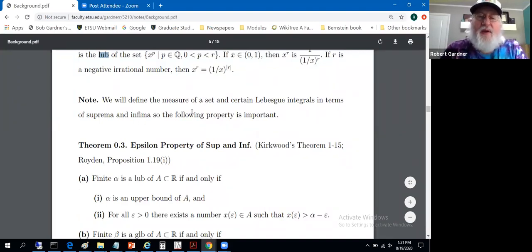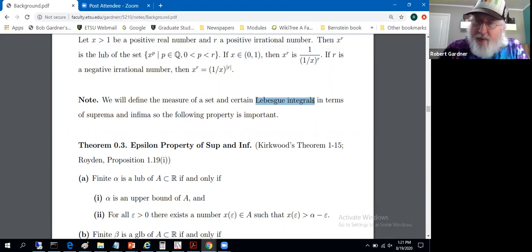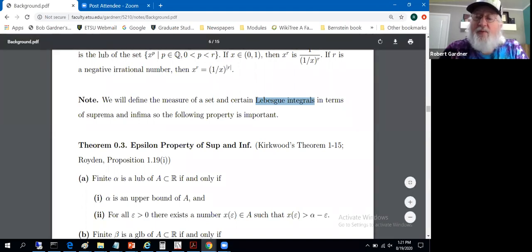All right, we're going to define the measure of a set and certain Lebesgue integrals. Your experience before this class is presumably exclusively with Riemann integrals. Lebesgue integrals we'll define in terms of suprema and infima of certain things. So we need the following properties.